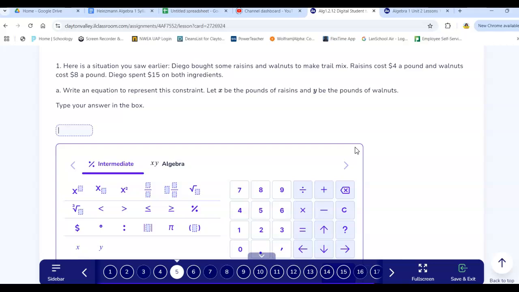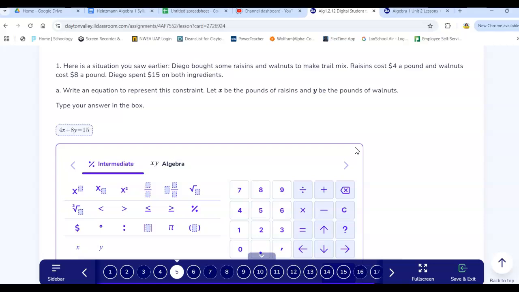So you should be able to do this by now. It's 4 times X. For every pound of raisins, you're going to multiply that by 4. And then we're going to add $8 for walnuts, which is Y. So for every pound of walnuts, you're going to multiply that number by 8. And the whole thing has to equal $15.